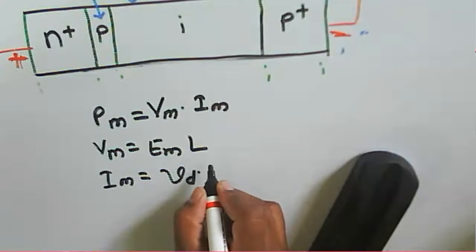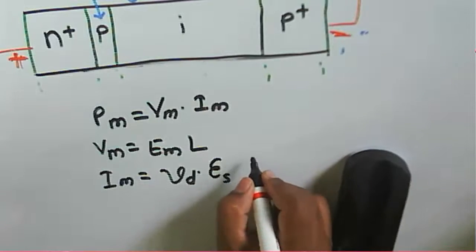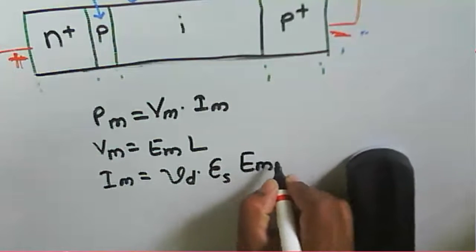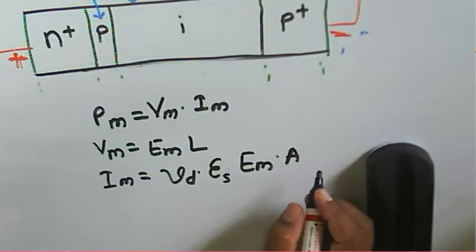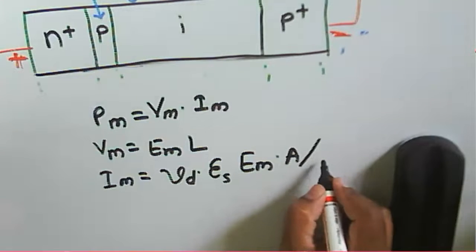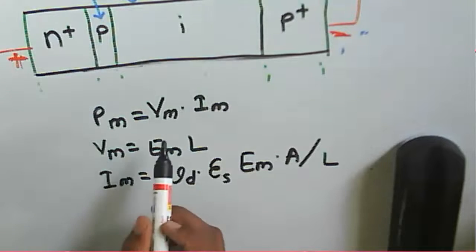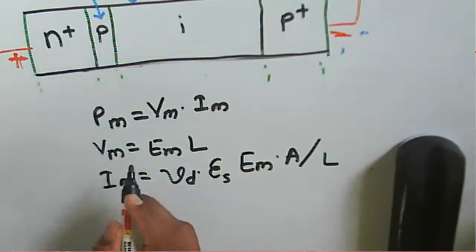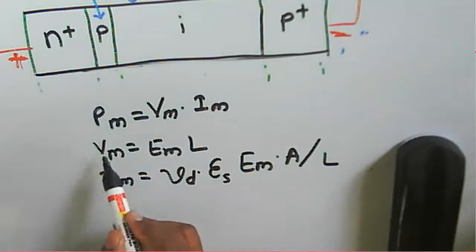Then we have to consider the permittivity here, and the maximum bias across a given particular region, that is the avalanche region, which has length L here. So we consider this for a given Read diode, that is your power. Then we write PM into VM here, so we'll get PM here.